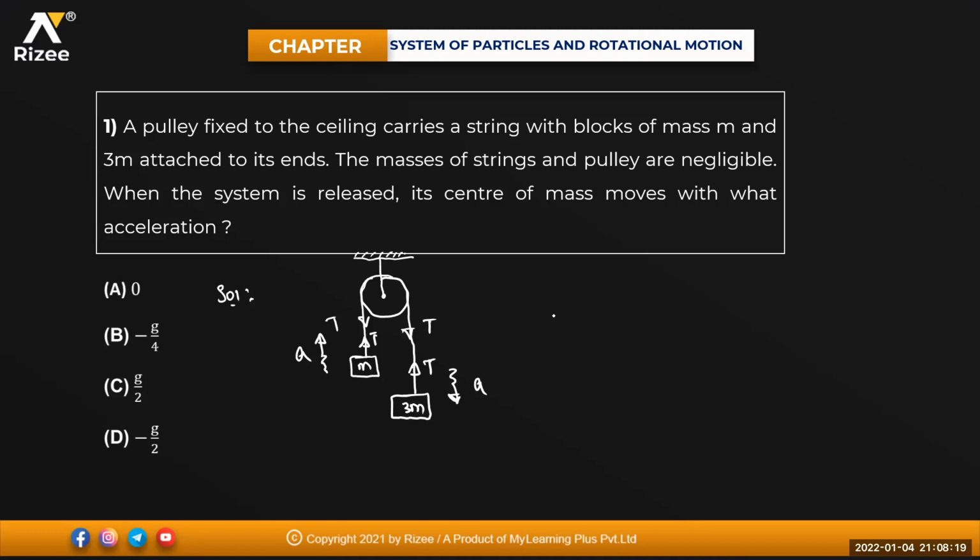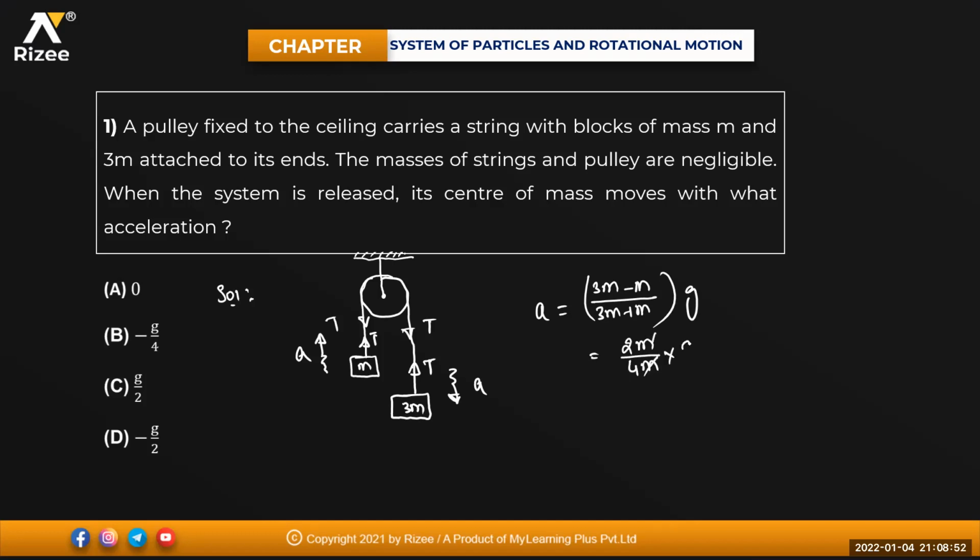Acceleration A will be equal to (3m minus m) divided by (3m plus m) into g. 3m minus m is how much? 2m divided by 4m.